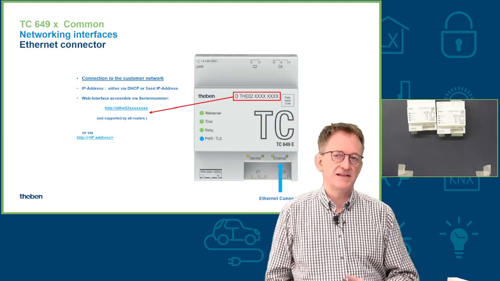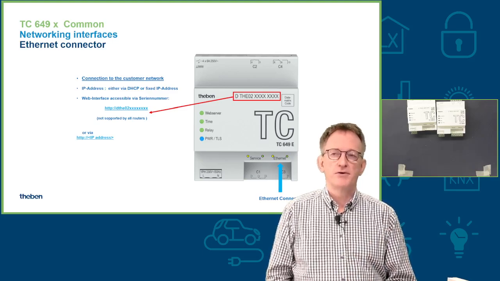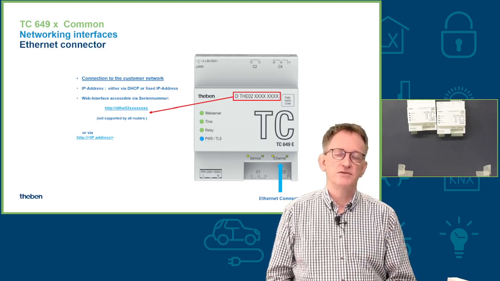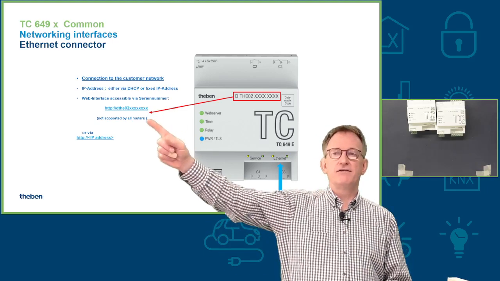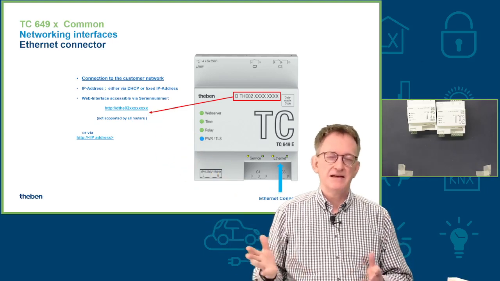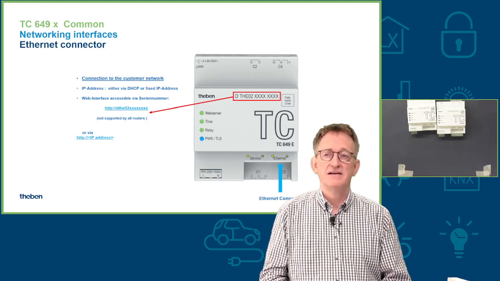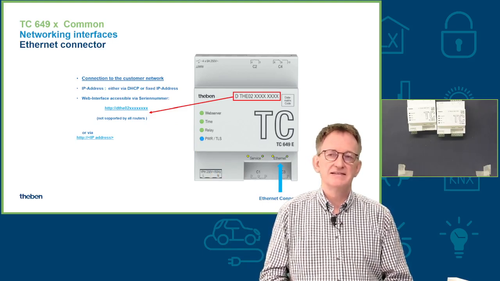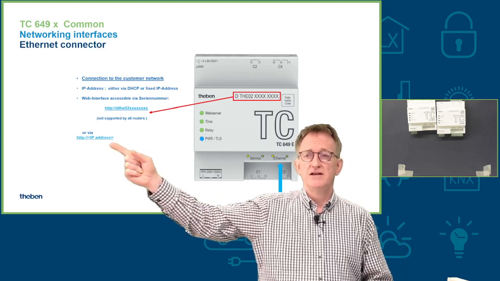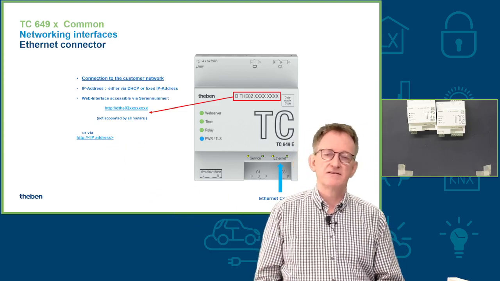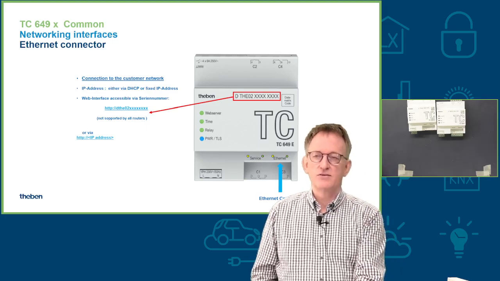If that name is then propagated from the DHCP server, you can also connect to the device directly via the name. As I have mentioned, not all of the routers support this. So the better and safer way is really to use the official IP address and connect to the devices via the IP address.